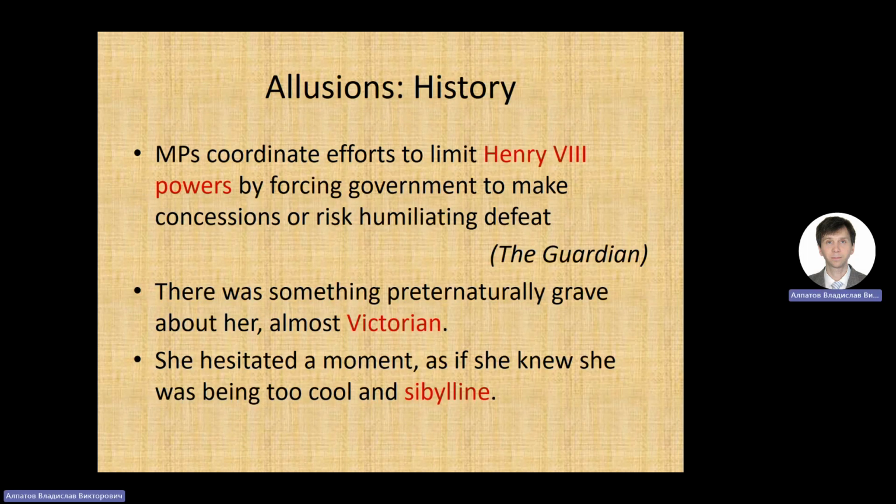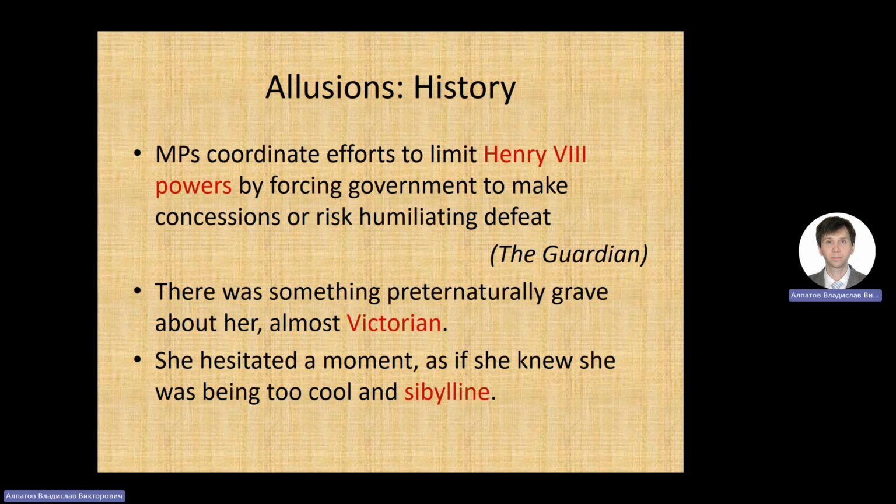Well, allusions can be made not only to books, but also to history. For example, again from The Guardian: MPs coordinate efforts to limit Henry VIII powers by forcing government to make concessions or risk humiliating defeat. This is not an extract from a newspaper from the 16th century. This is 2019 or something. Henry VIII powers, that's an allusion to Henry VIII, who had absolute power.